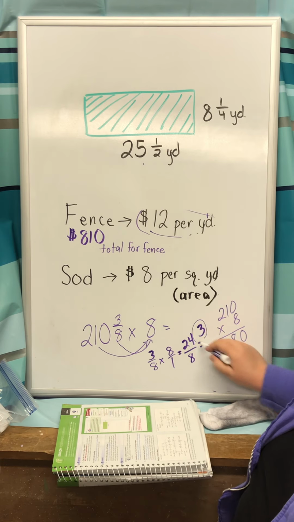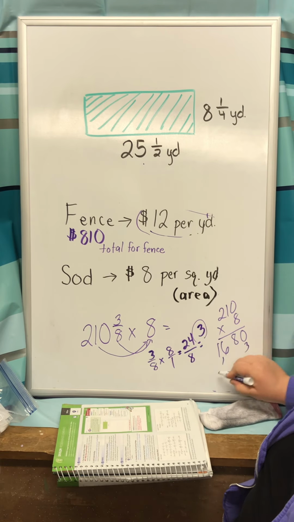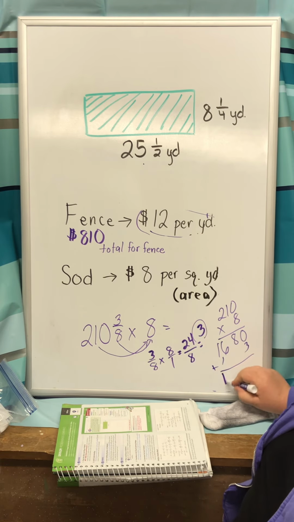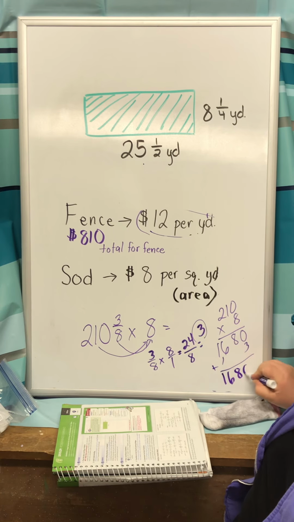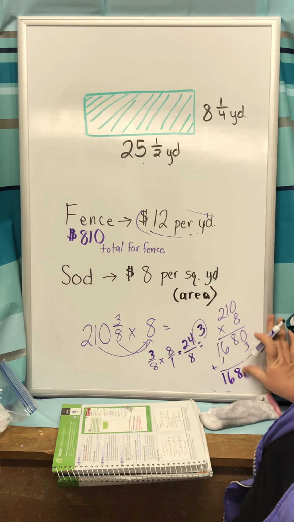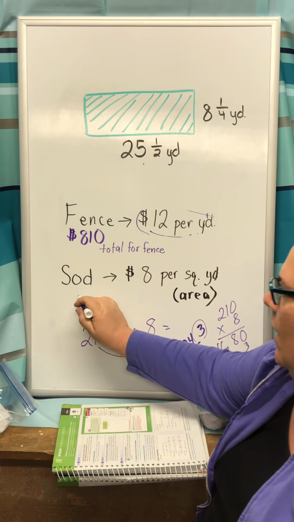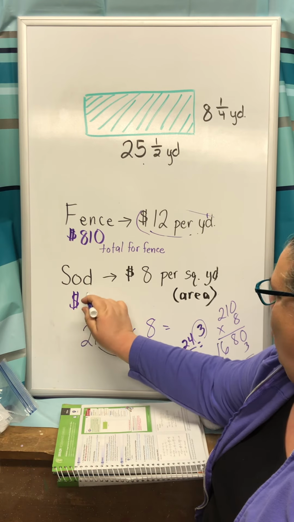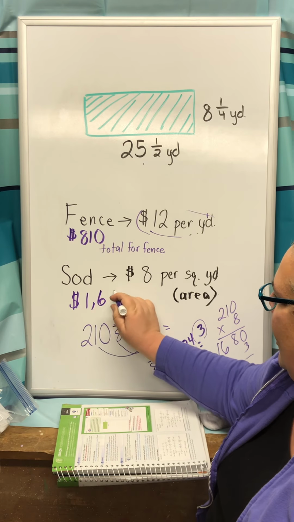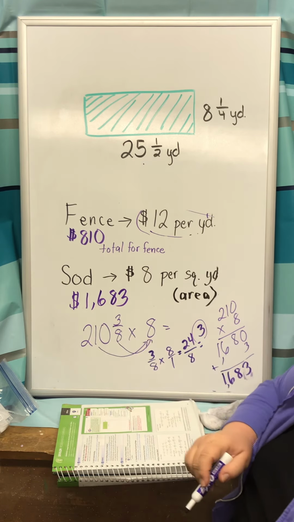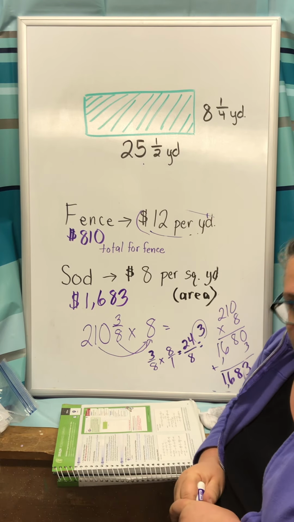So I'm going to take that 3, add it over here to the rest of my area. So I end up with the sod is going to cost $1,683. Still not done.